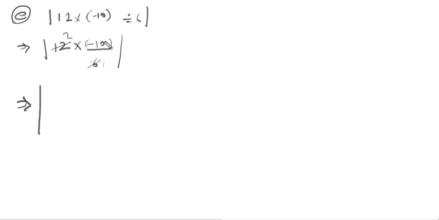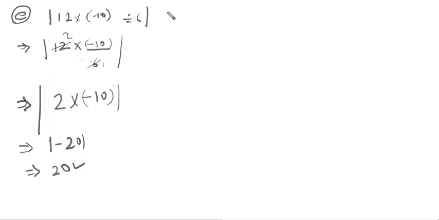I have written it this way, but there is a multiplication sign, so you can cut it directly from here, right? So here it will be 2 into minus 10, it will become minus 20. When it comes out of this bracket, it will become positive. So 20 will be your answer.